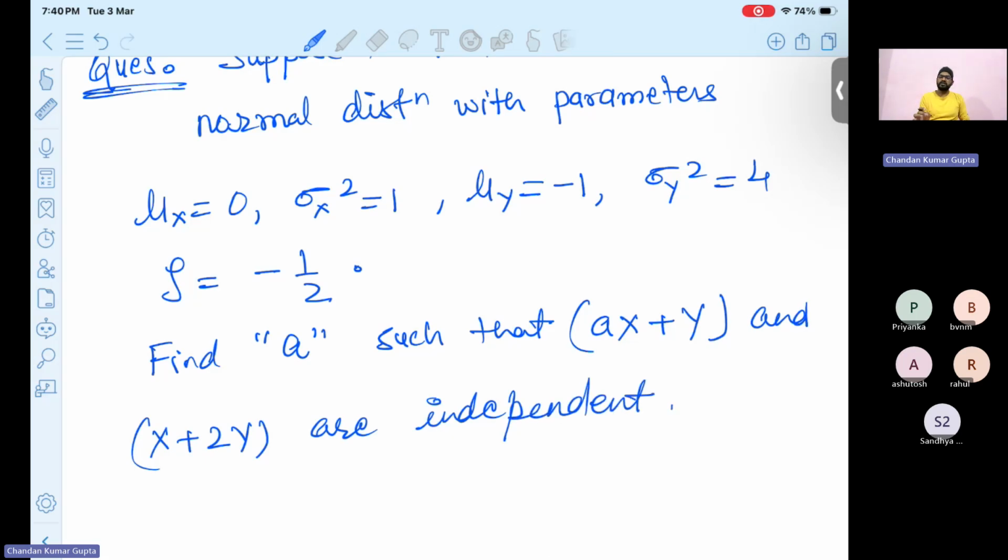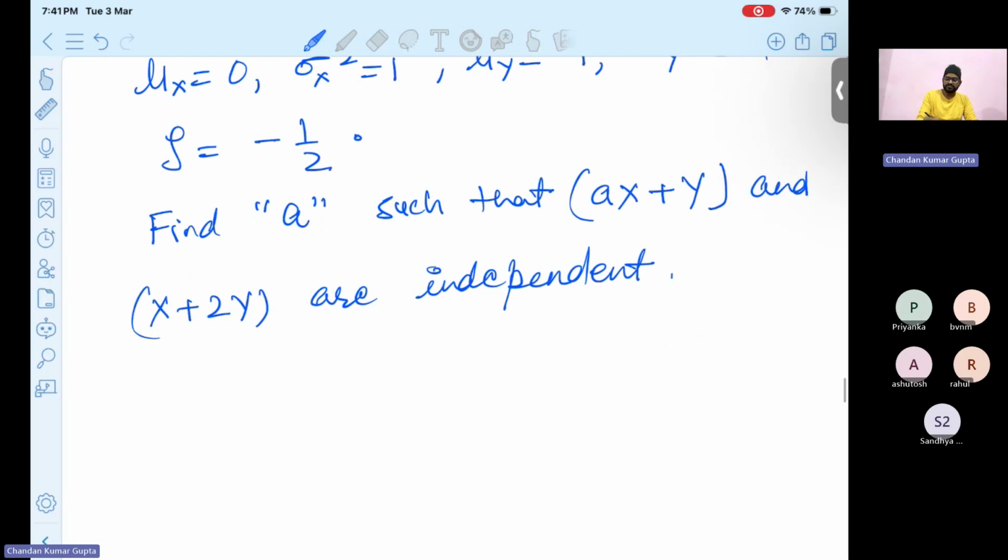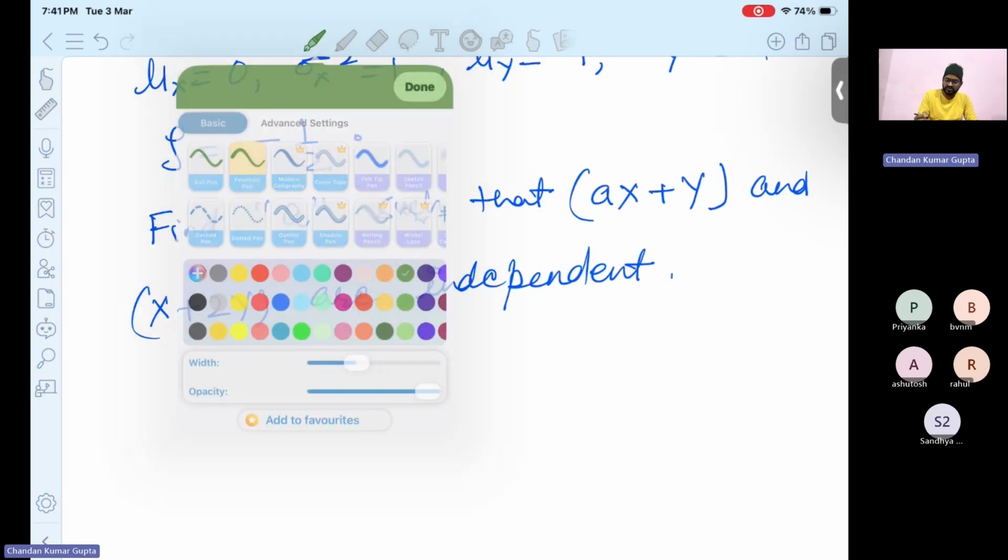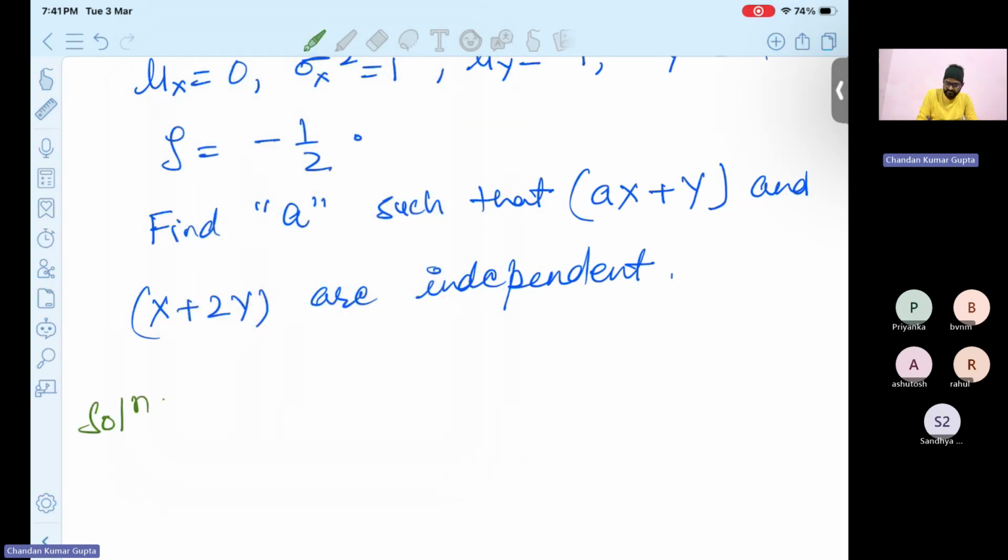We need to find the value of a in such a manner that, suppose u is ax plus y and v is x plus 2y, these are independent in nature. Is the question clear? Now it's simple. We are given u equal to ax plus y and v equal to x plus 2y.